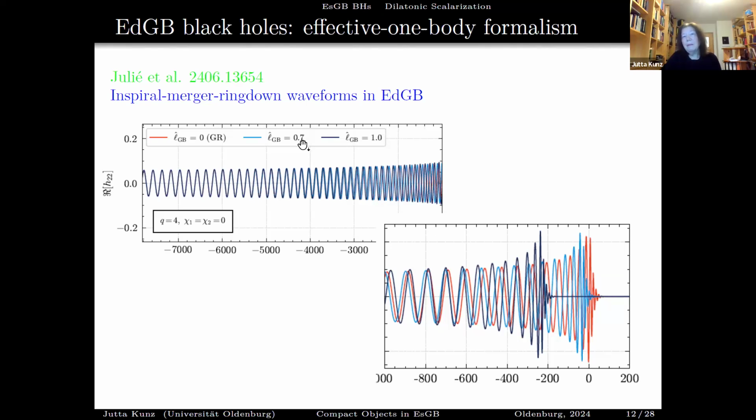A coupling constant big, but not that big yet, doesn't make a big change. So here at 0.7, it's only very small.